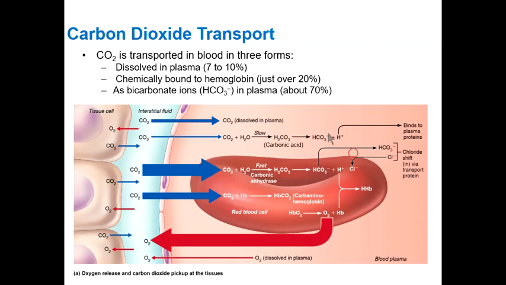So we have bicarbonate ions either being created in the plasma, it's a slow process, versus in the red blood cell, which is a fast process because there's an enzyme, carbonic anhydrase, but the end result is 70% of carbon dioxide travels in the blood in the form of the bicarbonate ion because it reacted with water and then split into its anion and cation.